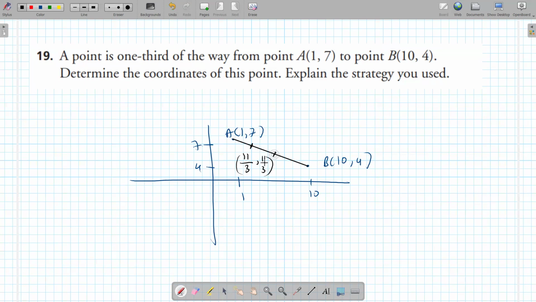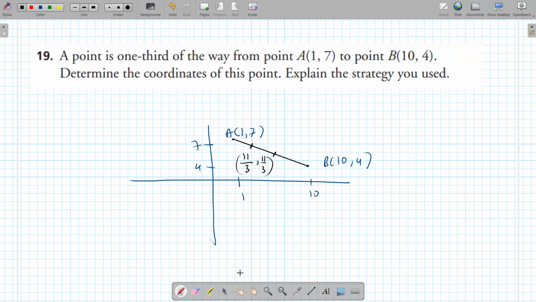What about this point? How can we find the other, or 2/3? It's a little bit tricky, yeah? We're going to have to divide it by something else.